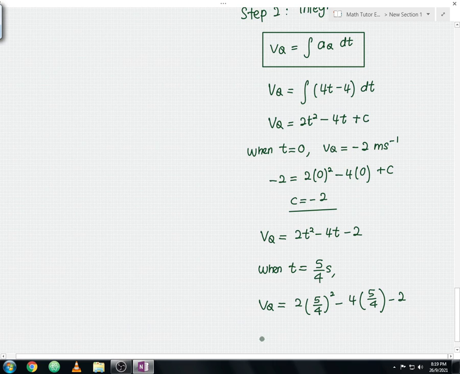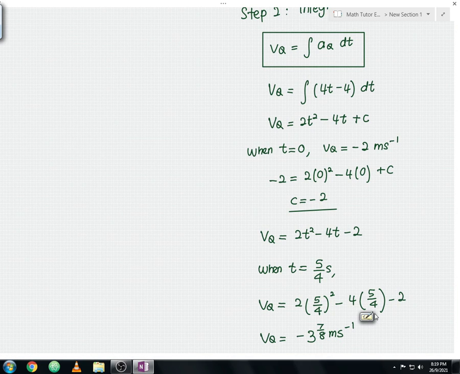You calculate this, you should get your velocity Q is equals to negative 3.7 over 8 meter per second. So this is your answer, guys.